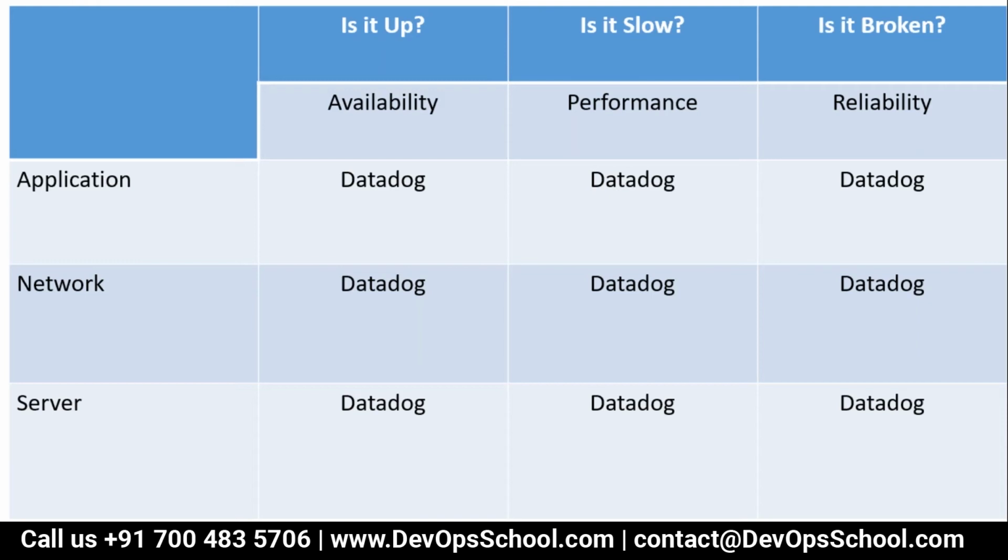If you want to know your application is slow, that's called performance monitoring. Datadog will help you. And if you want to know whether your application is broken or not, that's called reliability. Datadog will help you. Broken means logs and all. Availability, is it up, means infra monitoring; is it slow means performance monitoring, synthetic monitoring, right?